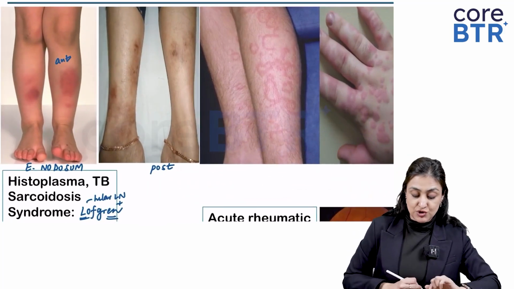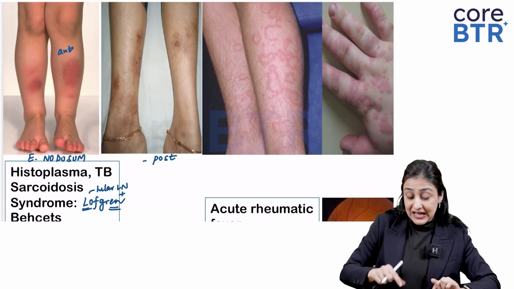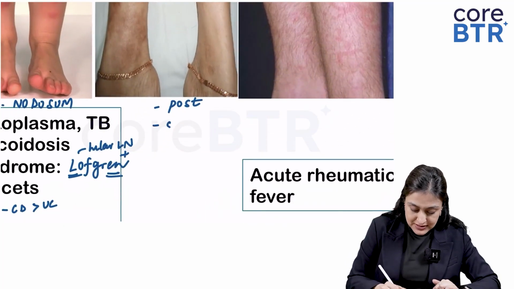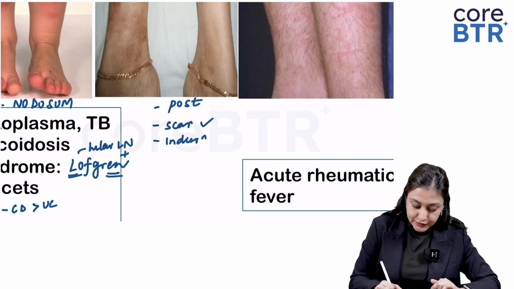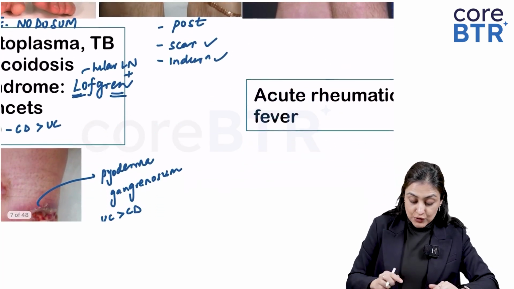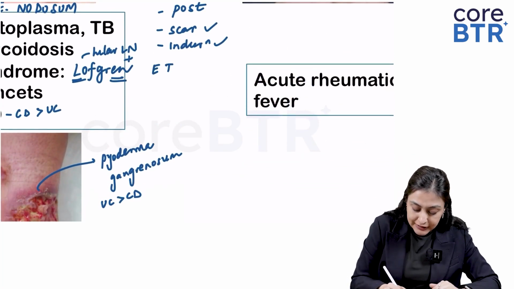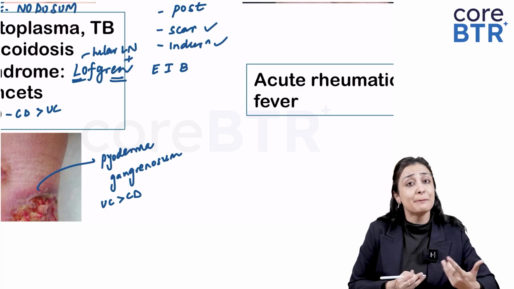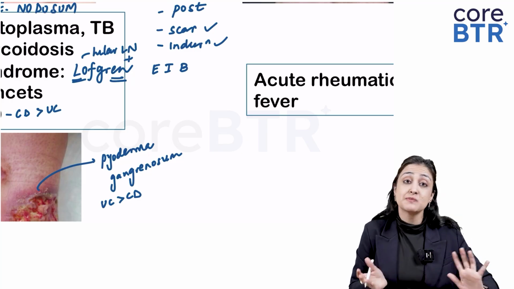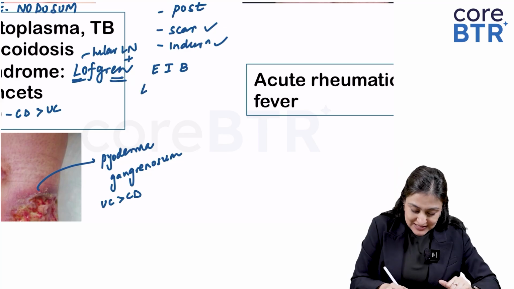Now what is this which is present on the posterior shin? The other difference is this can undergo scarring. This can undergo induration. So what is this? So this is erythema induratum of Bazin. Scary name, just remember Bazin. Okay, I remember this as Bazigar. So this is erythema induratum of Bazin.